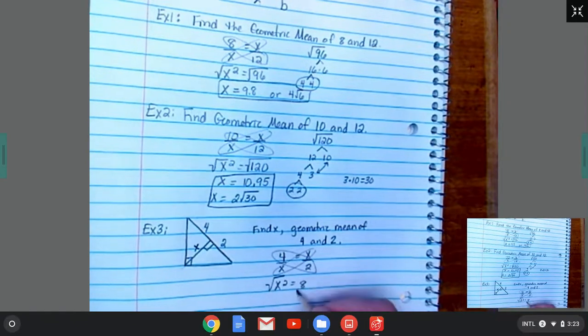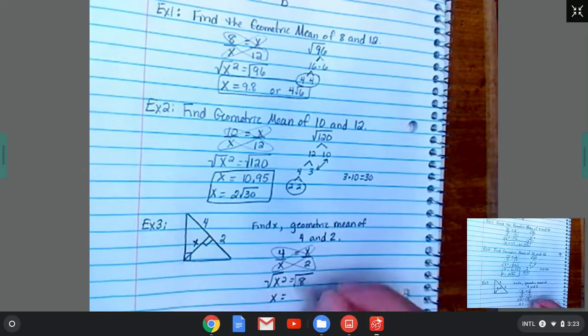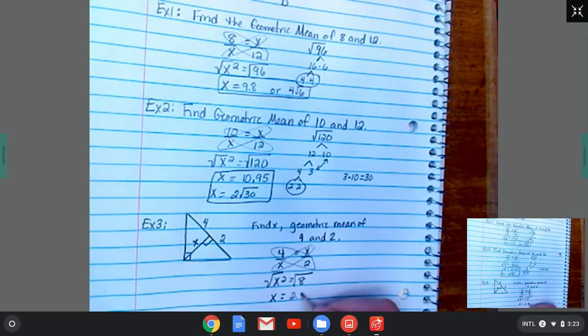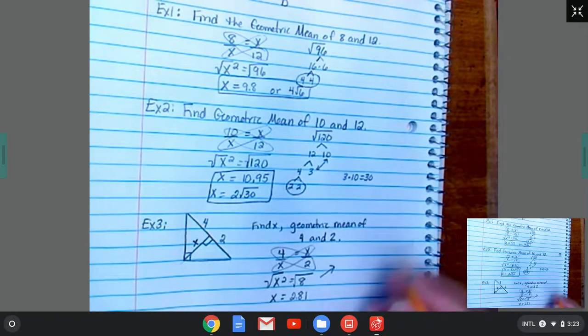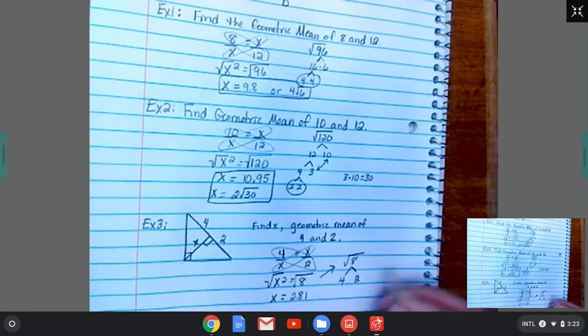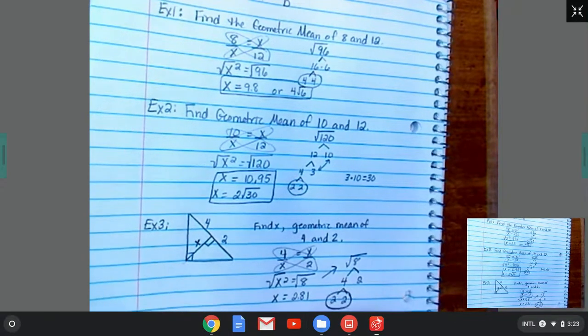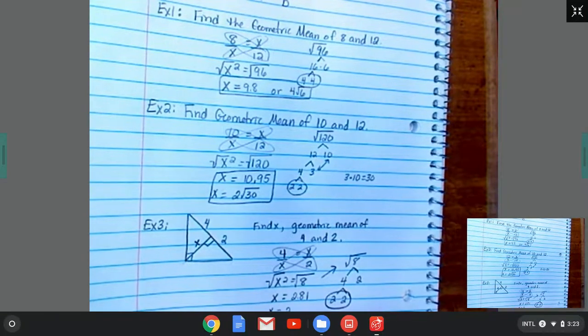We square root it. Square root of 8 is 2.81. And then we'll bring it over here and break it down. 4 times 2 is 8, and 4 goes 2 and 2. So we'll have a set of twins. So 2 on the outside, that 2 on the inside.